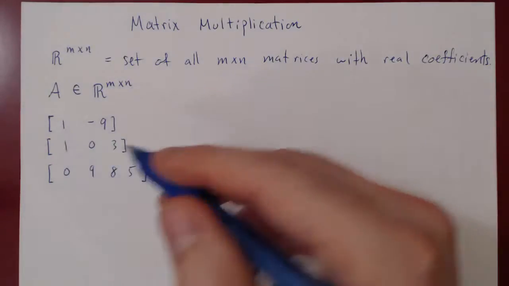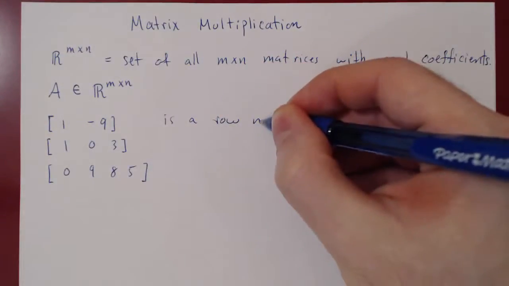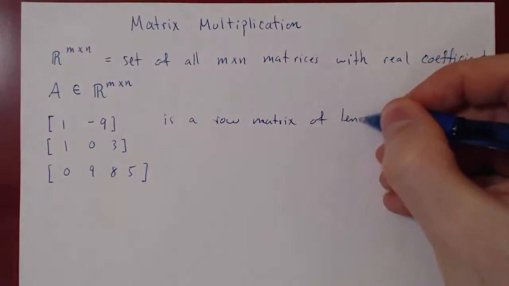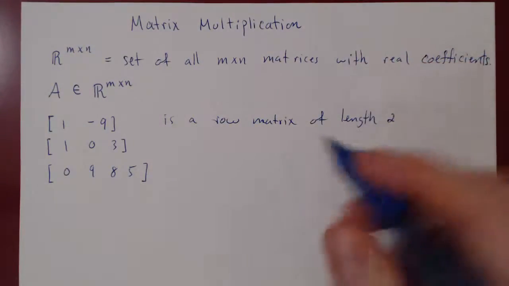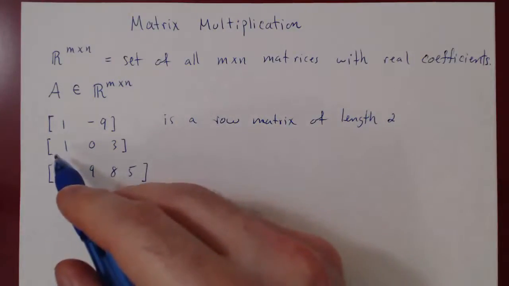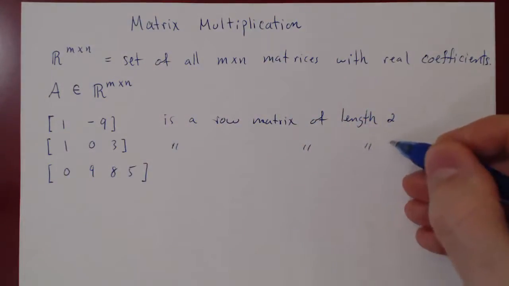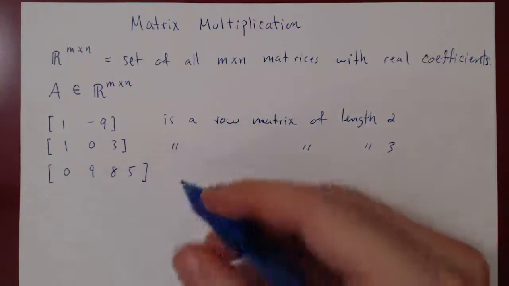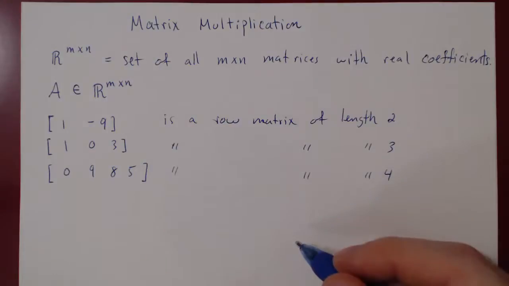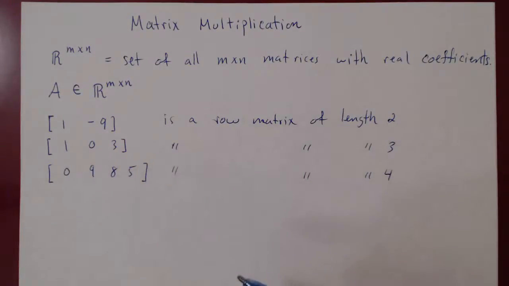So this is a row matrix of length 2 because it is a single row and consists of 2 entries. This is now obviously a row matrix of length 3 because it consists of 3 entries, and this is a row matrix of length 4 because it consists of 4 entries, and so on. So in general, a row matrix of length n is a single row with n entries.